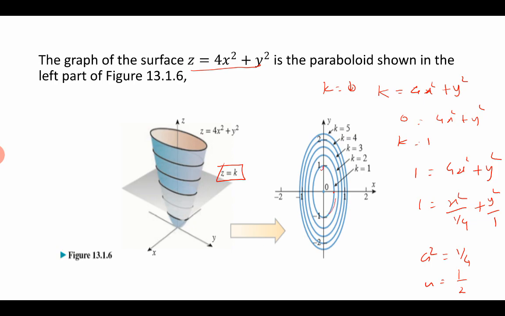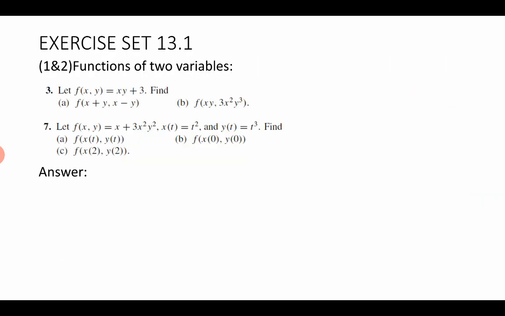The y-intercepts are plus or minus 1, since b squared is 1, and the x-intercepts are plus or minus a half. So this is an ellipse. This way, for every k value you can find an ellipse representing the level curve of the height levels of this paraboloid. Fine, let's go to the exercise set, problems 13.1.